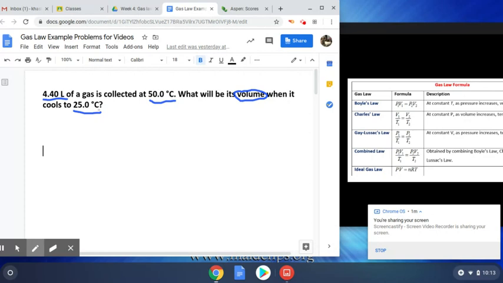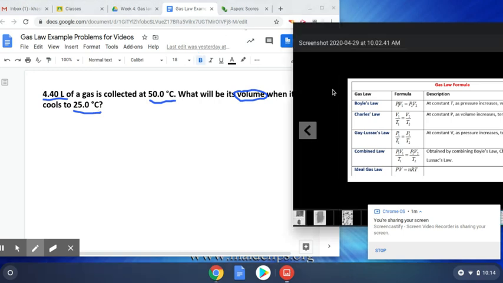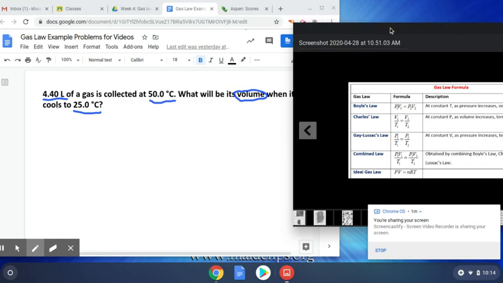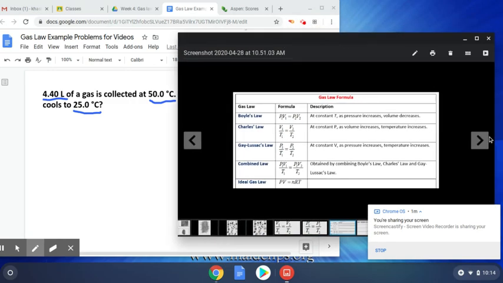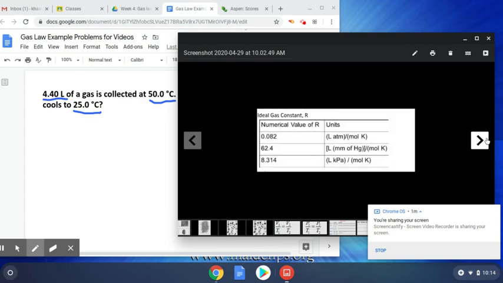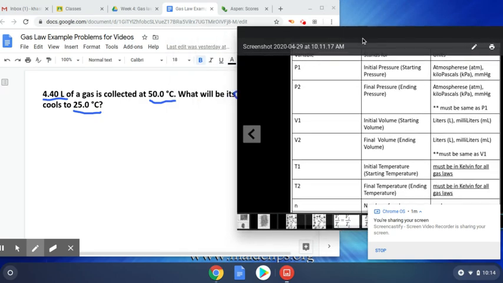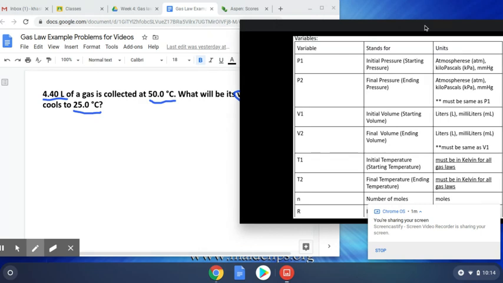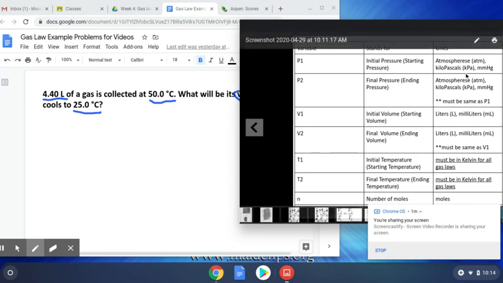The next thing you want to do is label all of your givens. And this is really important because some of these you end up with a lot of givens. So in order to label the givens, you want to look, let me just find it. Here. Okay, so this is in our document. And the thing that you're going to use to label the givens are the units. That's going to be the easiest way to do it.